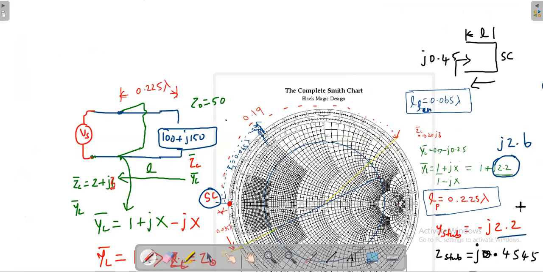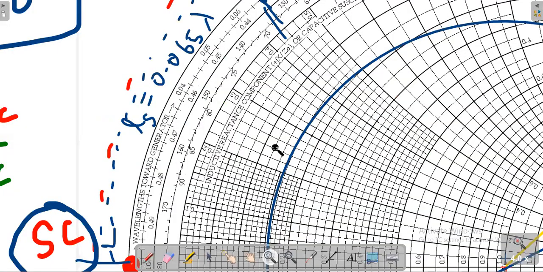This is 2.6. 1/2.6, what is the value, sir? 0.384. Now you read 0.384 here, then that will be correct, I think. Okay, see where 0.3 comes.